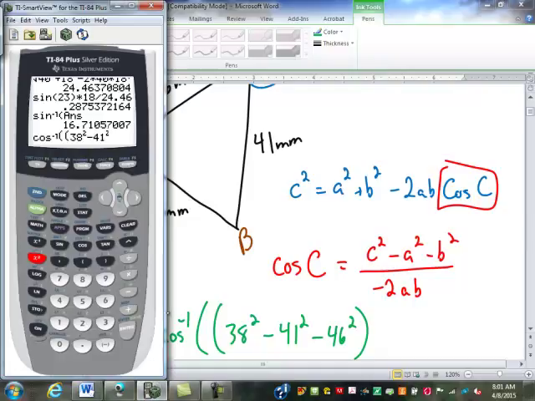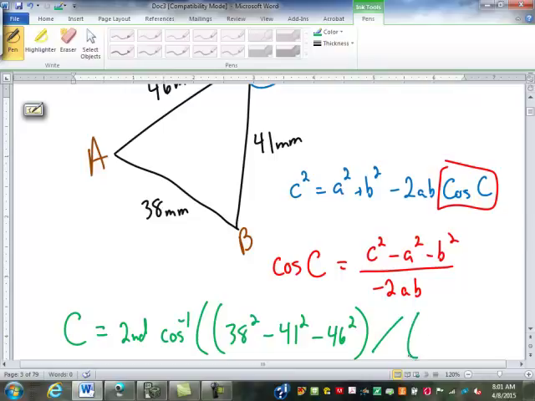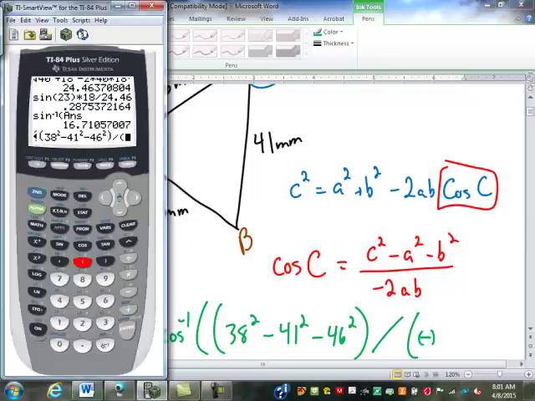And then you're going to close that parenthesis. Now you're going to hit divide, and you're going to open a new parenthesis. Now remember, you've got to use the negative key here, which is this key down here, not the subtraction key.